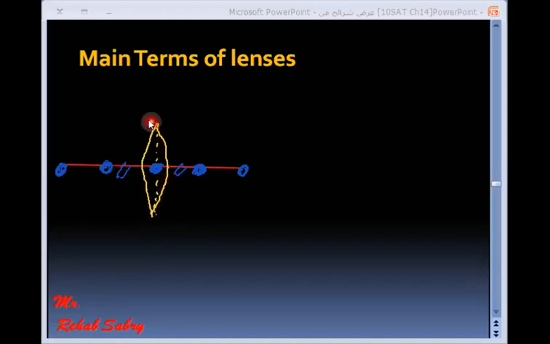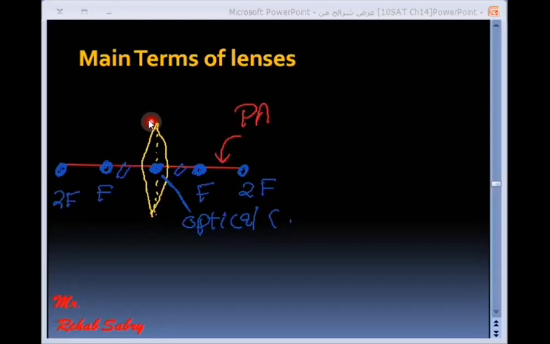So this is the optical center, this is F1, and this is 2F1. This is F2, and this is 2F2. Instead of writing F1 and F2, because here we are talking about a simple kind of lens, we will say F, 2F. These are the main points. Where is the principal axis? This is the principal axis.